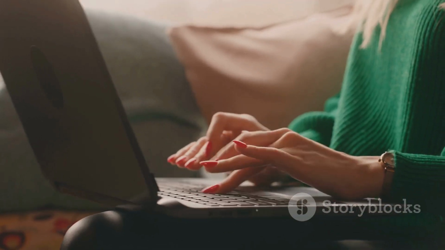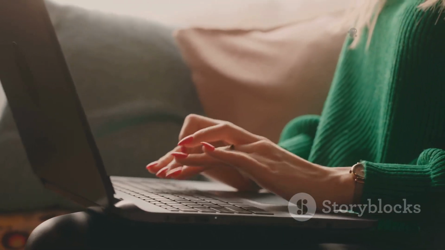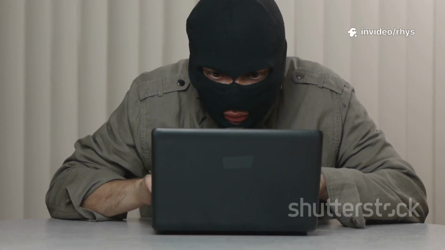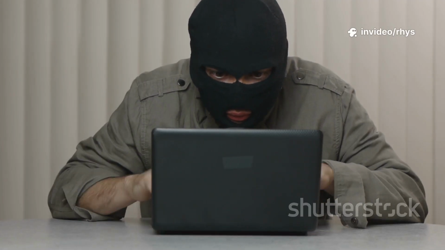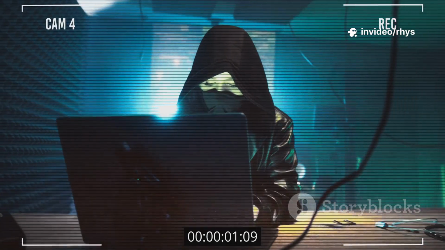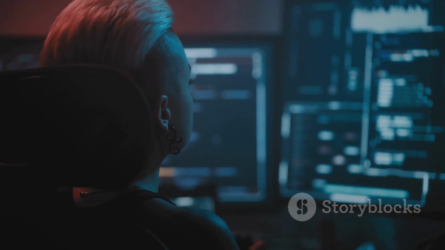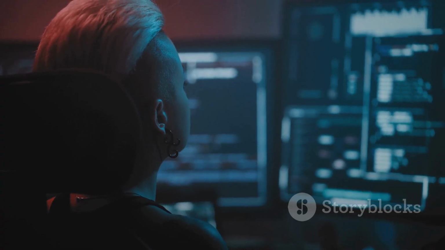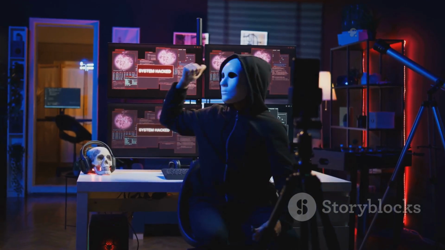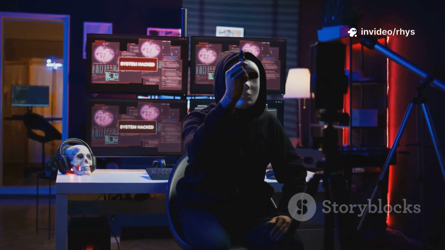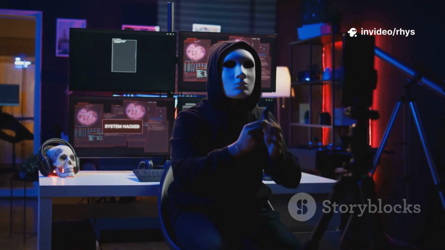This includes journalists exposing corruption, activists fighting tyranny, and ordinary citizens seeking refuge from pervasive surveillance. For them, the dark web is a sanctuary, a vital tool for exercising fundamental human rights in an increasingly monitored world.